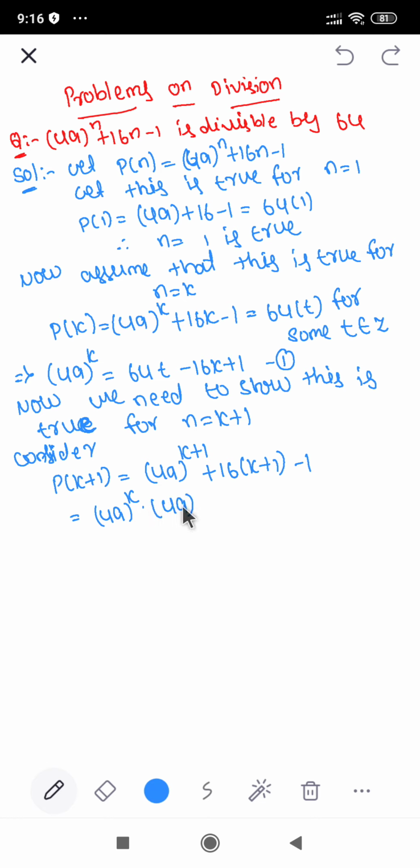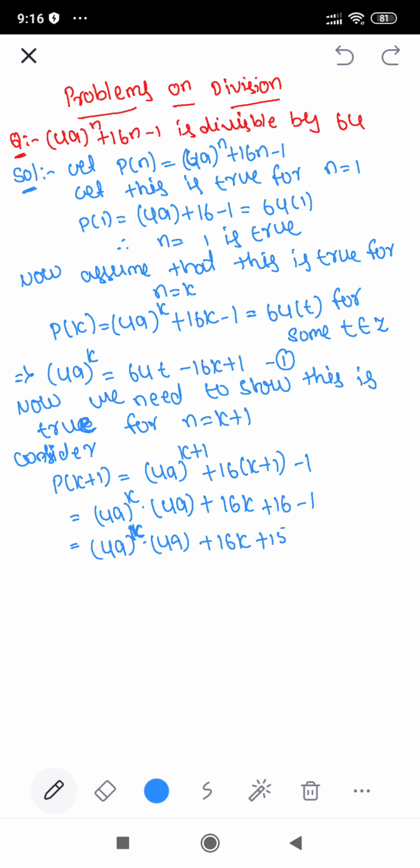According to the algebra formula, a power m plus n can be written as a power m into a power n. Next, 16k plus 16 minus 1. So here 49 to the power k into 49 plus 16k, 16 minus 1 can be written as 15.